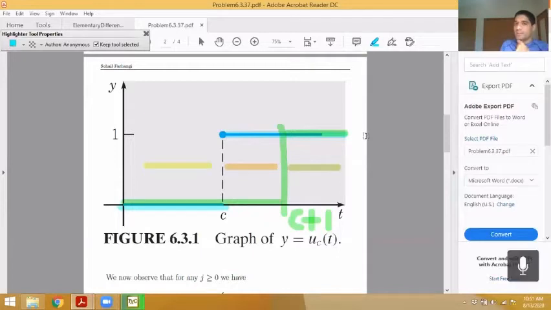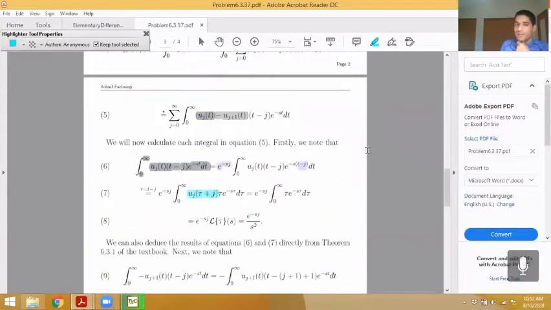Now, the second detail I brushed over is that when I did this substitution of tau equals t minus j, technically the integral should start at negative j, right? Because here it starts at t equals 0. So if tau is 0 minus j, then this integral should start at negative j. Now, when tau is between negative j and 0, but strictly smaller than 0, and I then add j to it, tau plus j is going to be smaller than j.